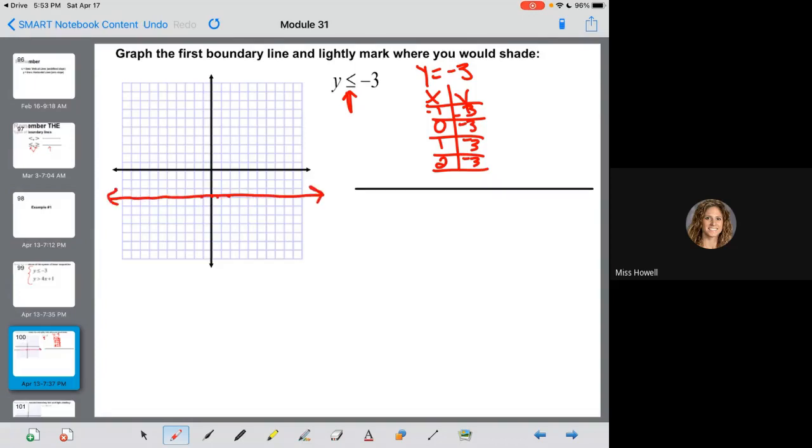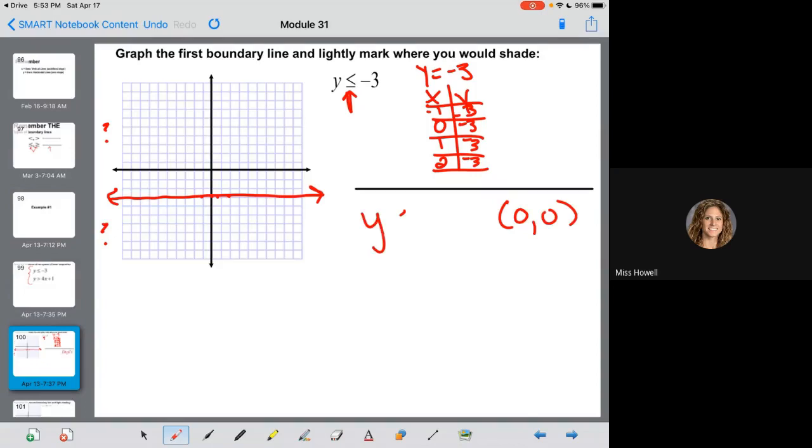All right, now, if that were an equation, we'd be done. We'd go to the second line, but this is an inequality. So remember, we need to test a point to know, right, should we be shading above here or below here for this first line? Now, once you find out where you should shade, you're not going to really shade. You're just going to very, very lightly put some marks so you know where you would have shaded. So I'm going to test 0, 0.